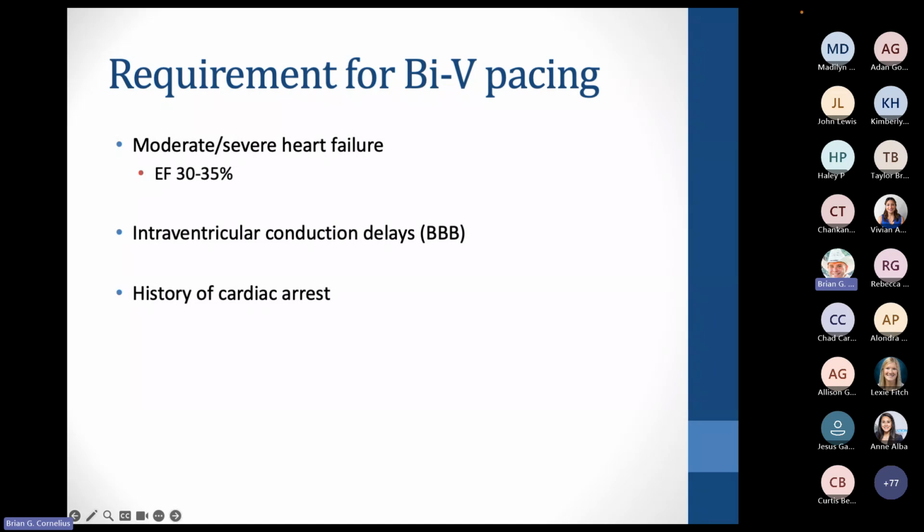But so: bad EFs, people that need that resynchronization, for some reason they've got an intraventricular conduction delay like a bundle branch block, they may benefit from resynchronization therapy. Or patients that have a history of cardiomyopathy-induced cardiac arrest. Think about the young athletes we see having out-of-hospital cardiac arrest; they may benefit from having a pacemaker placed.